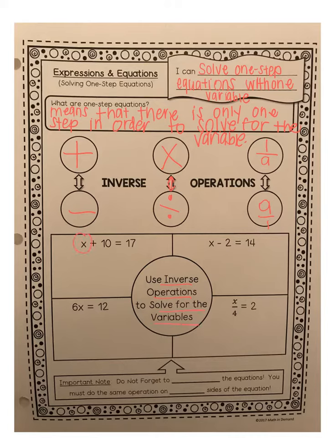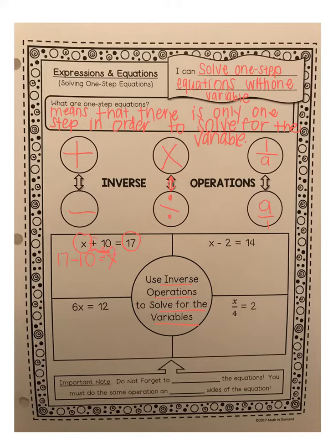If x plus 10 equals 17, using my fact family knowledge, I then know that 17 minus 10 must equal my unknown value, or x. So basically what you're doing here is the inverse operation.